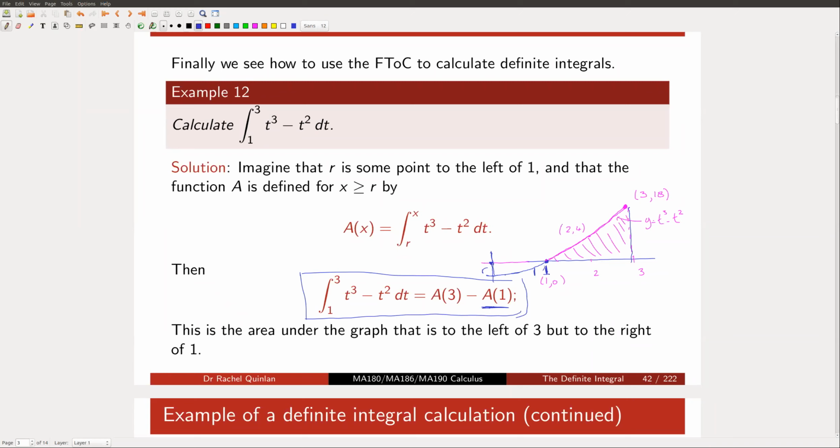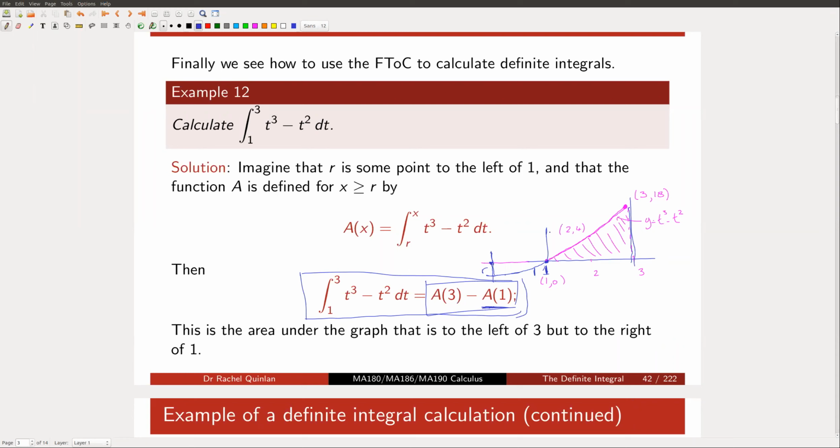So if we want to know the area enclosed between 1 and 3, which is this pink bit, then that should be all the area to the left of 3 minus all the area to the left of 1. Where does this expression come from? A of 3 includes all the area from 3 to the left until you hit R, wherever R is.